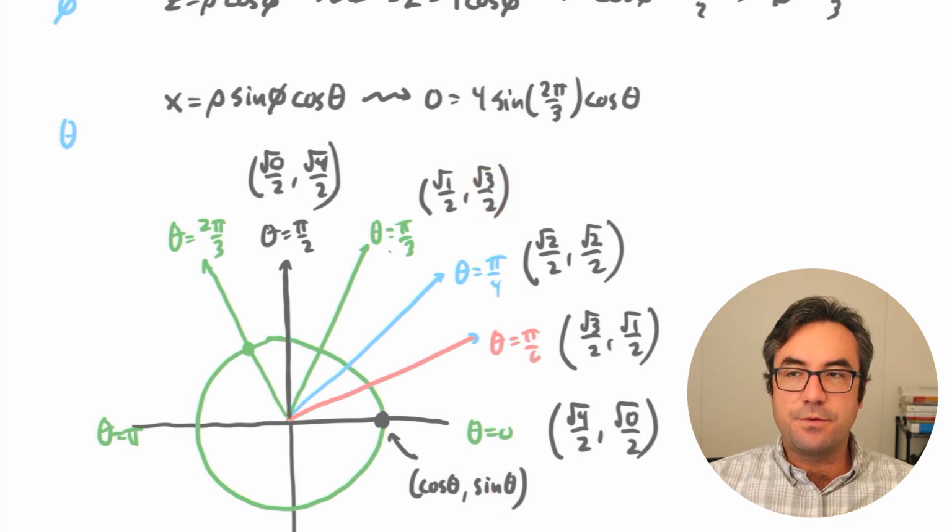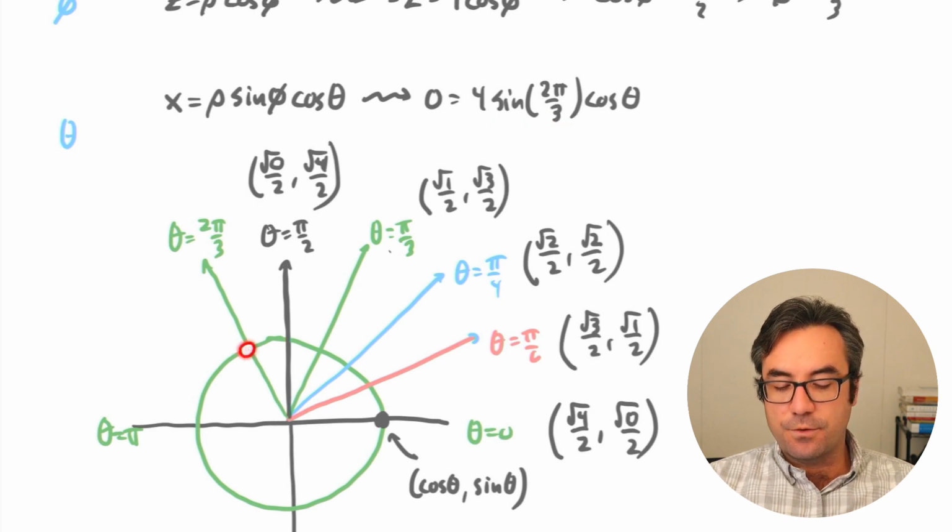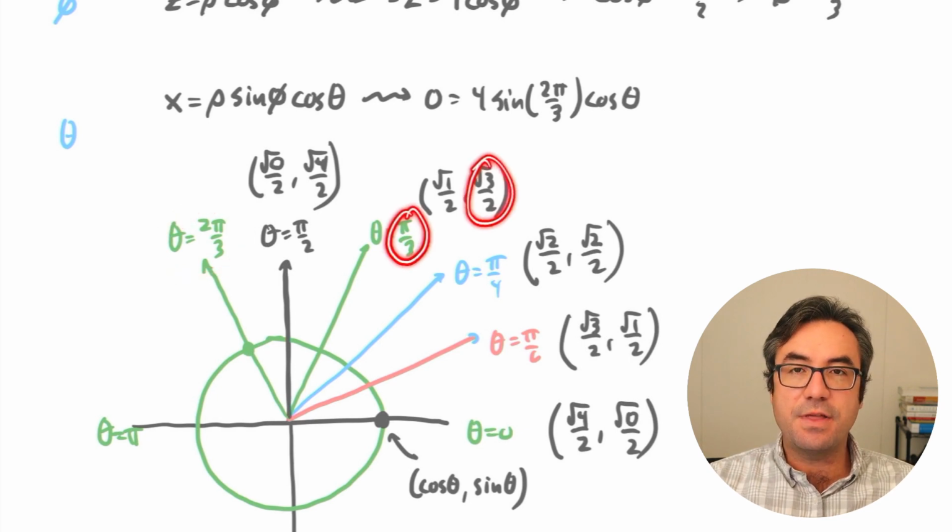So square root 3 over 2. But now we're not talking about pi over 3. We're talking about 2 pi over 3. So we look at the mirror image over in the second quadrant, and we see that the y values are the same between those two. We have this point here and this point here. The y values are the same. So sine of 2 pi over 3 and sine of pi over 3 are going to have that same value.